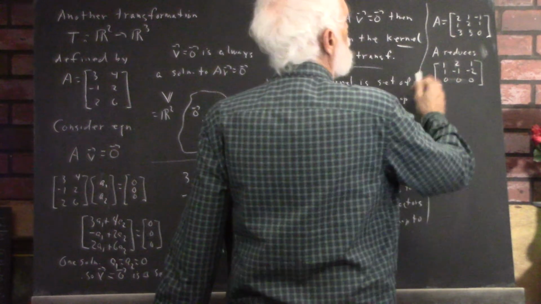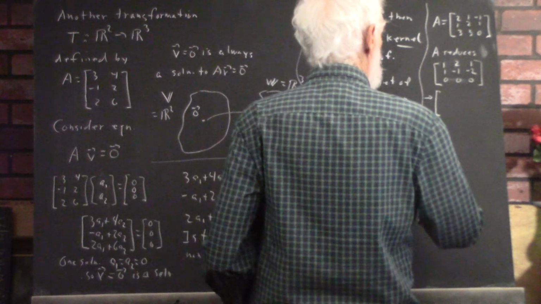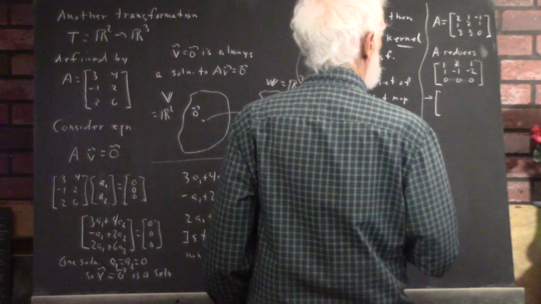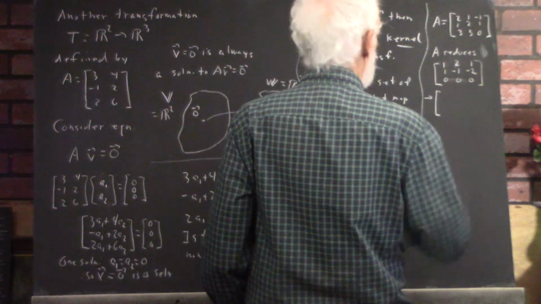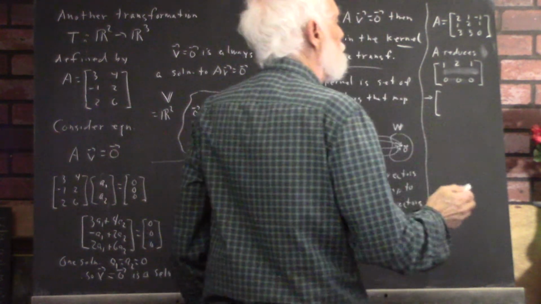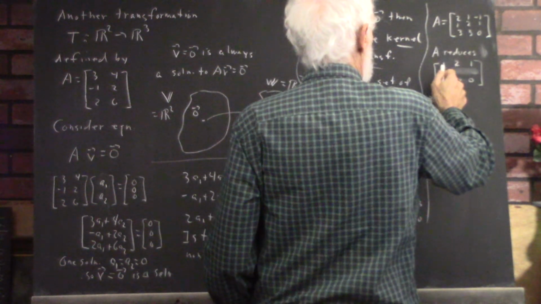Okay, so we have this. A reduces to 1, 2, 1 up here. Then subtract 2 times this from the other.